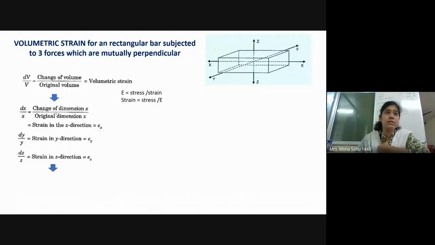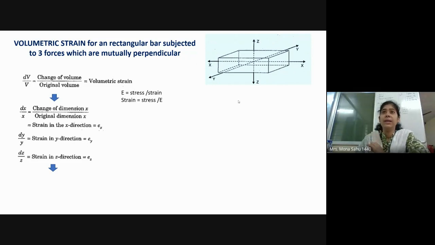What is the change in dimension in dx? Strain in x direction is going to be Ex. Strain in y direction, let's take it as Ey. And strain in z direction, let's take it as Ez. So dy by y, dz by z, dx by x. Are you guys clear till here? Now, there will be strain in x direction.